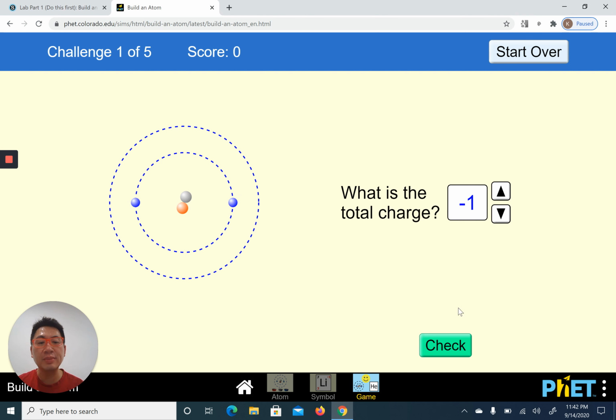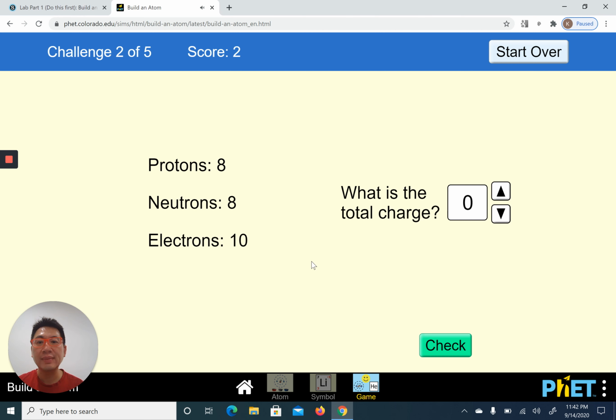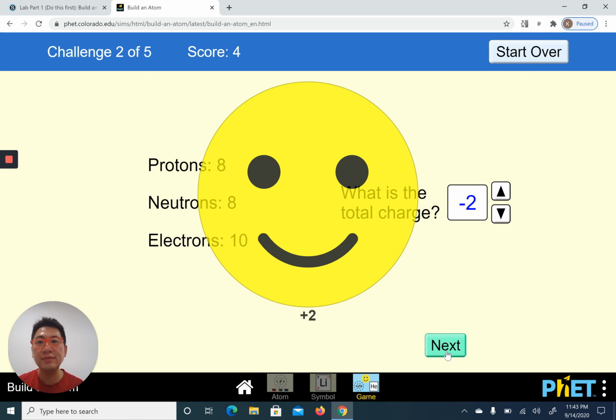Overall, the charge should be -1. Okay, let's do the next one. If I have 8 protons, 8 neutrons, 10 electrons, what's the total charge? The overall charge should be -2 because there's 2 more electrons, negative, than positive.